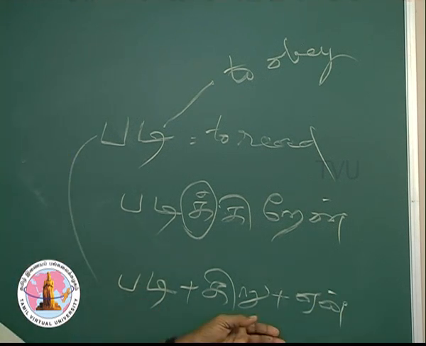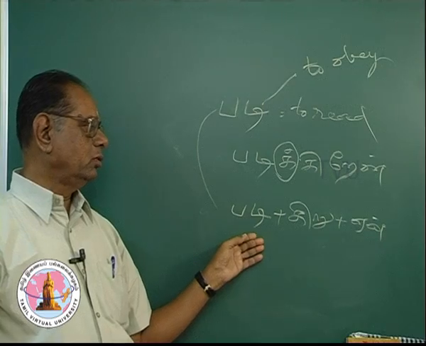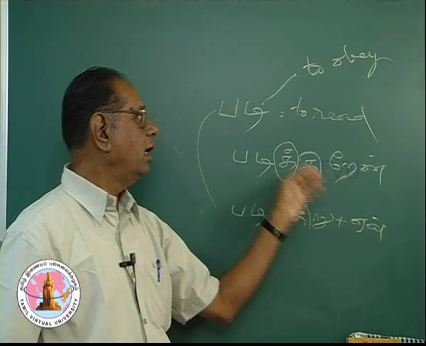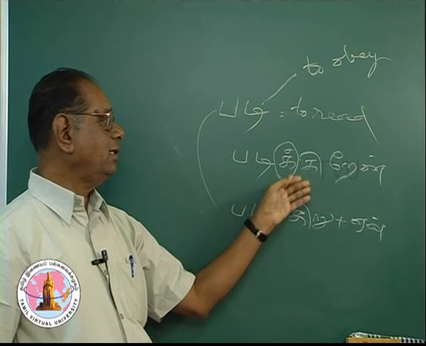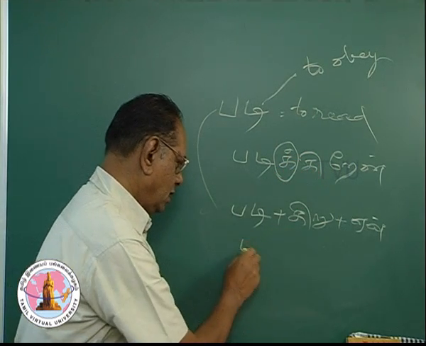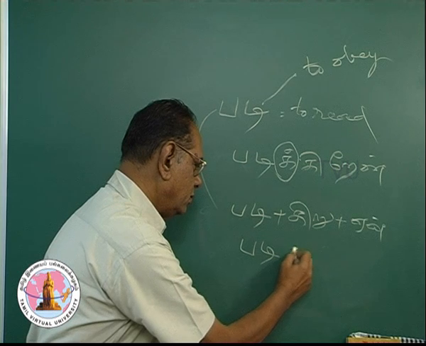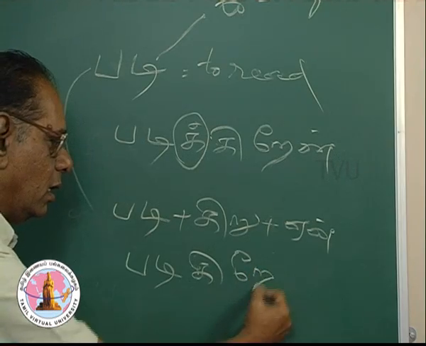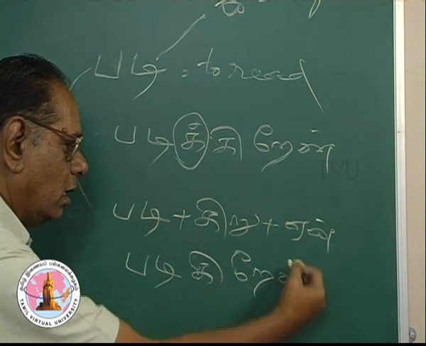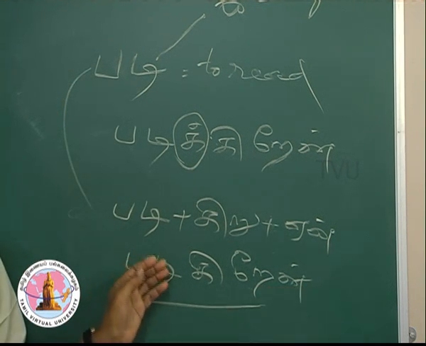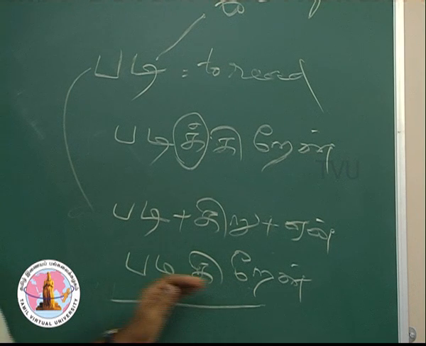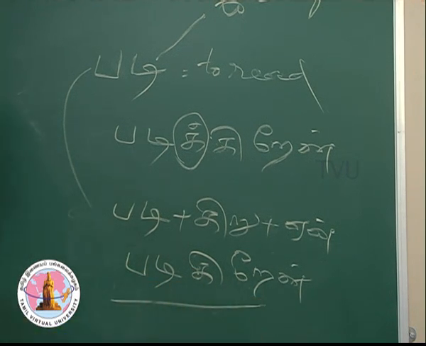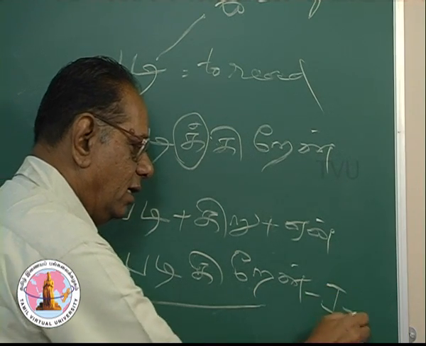If it is intransitive, this is the format: the verbal root, the tense marker and the person marker. We have seen this here. Here there is an introduction. In intransitive form, it will just remain as it is. Padi plus kiru plus en, padigireen, is the intransitive form.